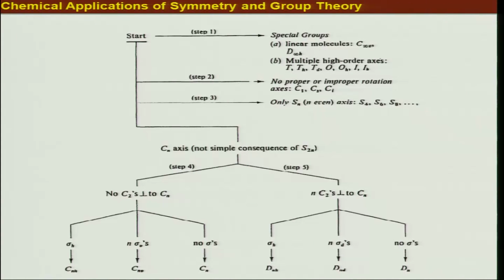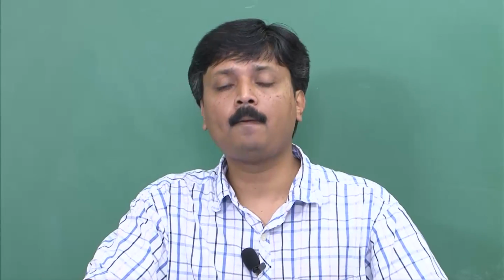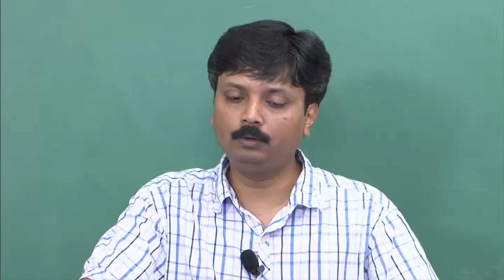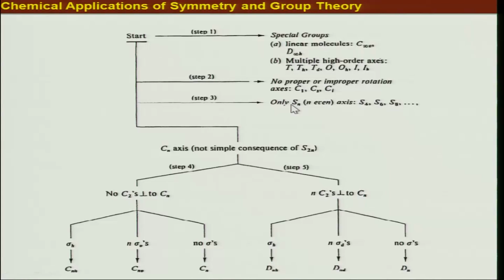Because in the previous cases, what we saw was either a linear molecule which has an infinite number of rotational axes, or many Cn axes, or structures which have no other symmetries other than sigma, or i, or even nothing other than identity, or a case when you had only Sn other than E and n is even. Now Sn, when n is even, you always have a Cn/2. We discussed that in the previous class.